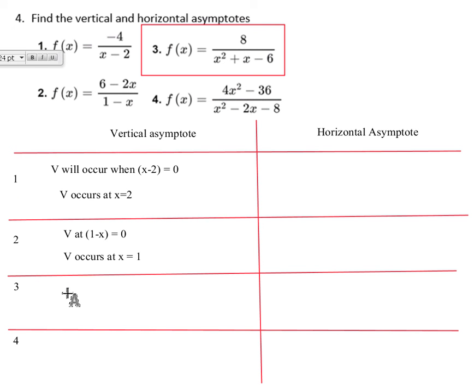Okay? So let's think about what two numbers multiply by each other to give -6. We can have 1 times -6.